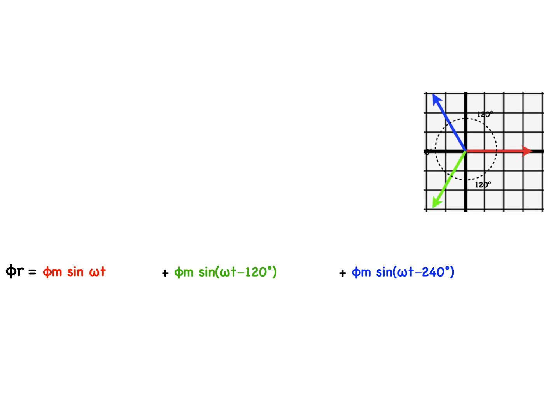As I have already stated, I'm going to rewrite this in terms of their horizontal and vertical components. Since the flux direction is set at either 0, 120, or 240 degrees, we can find their horizontal components by multiplying by the cosine of the individual angles.